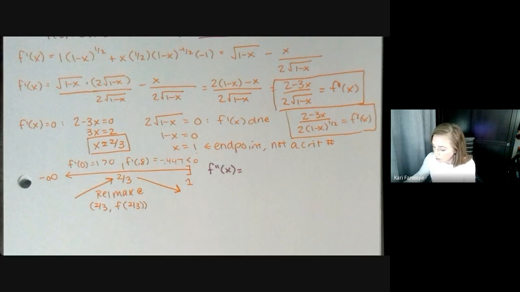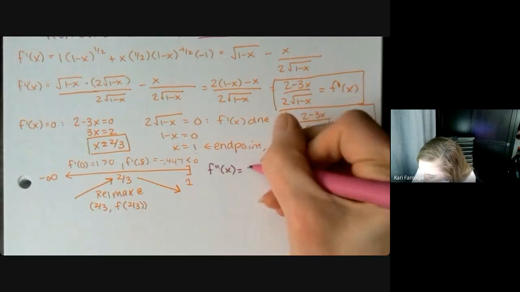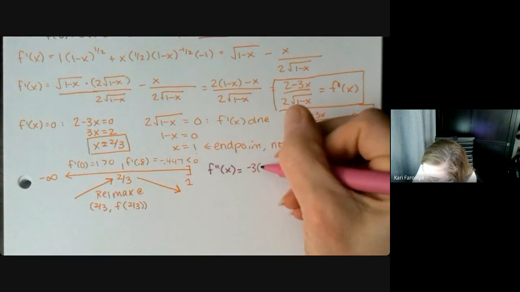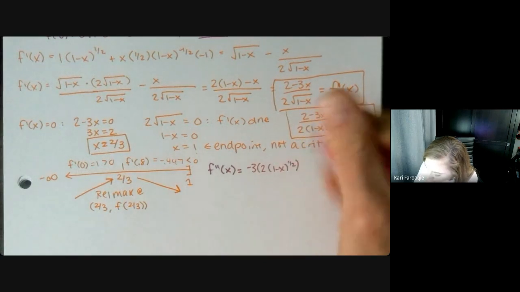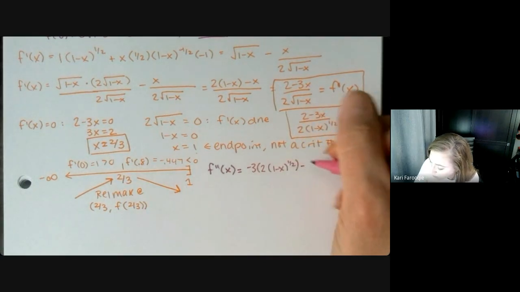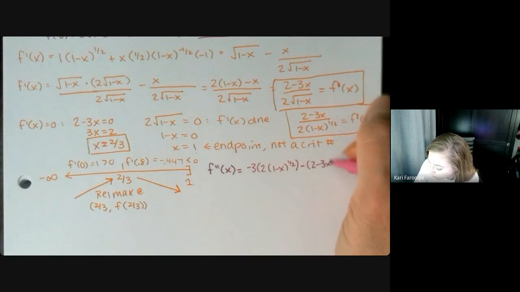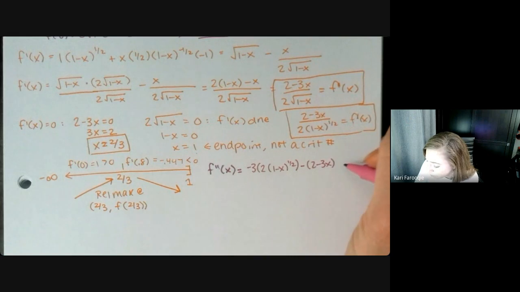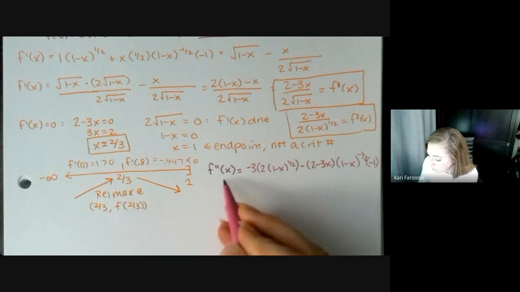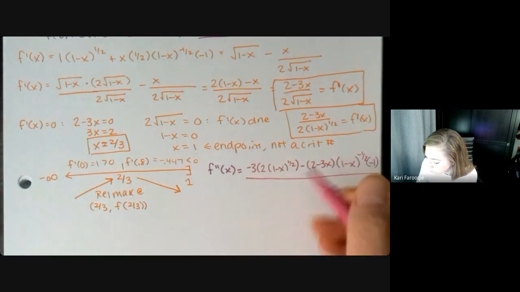Always just rewrite it for whatever it is that you need to do with that expression. F double prime is, let's see, f prime g minus f g prime. So 2 times half is just going to be 1 times 1 minus x to the negative half, multiplied by the derivative of the inside function, which is -1.